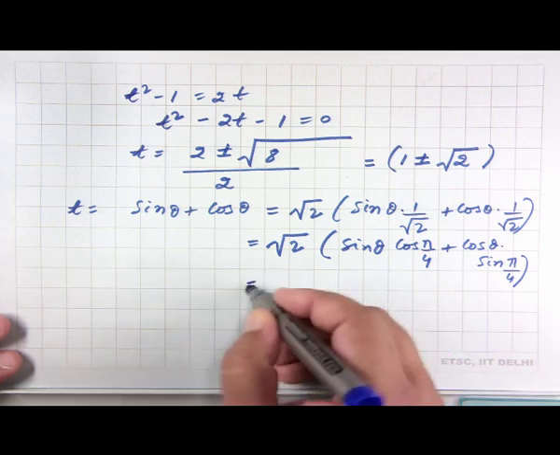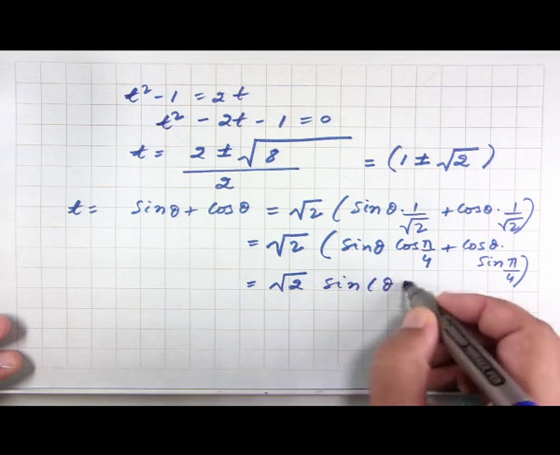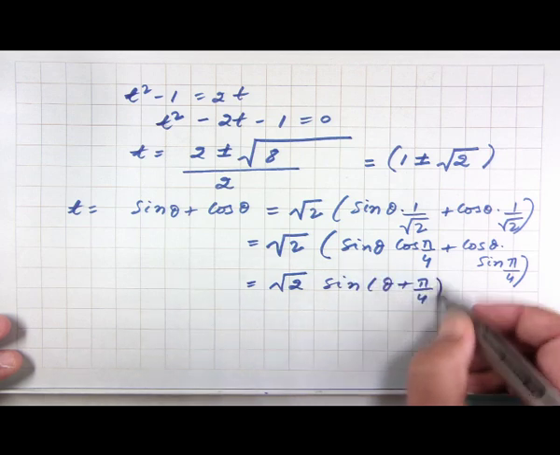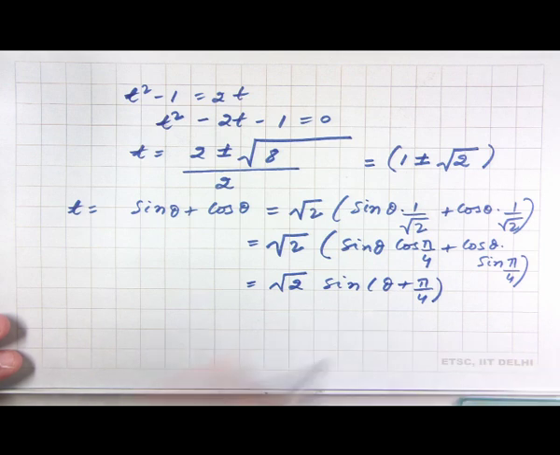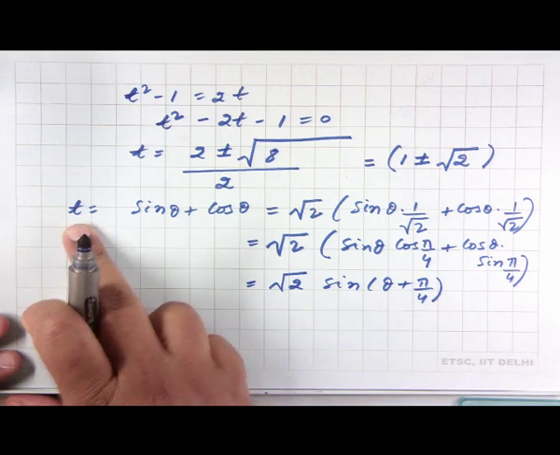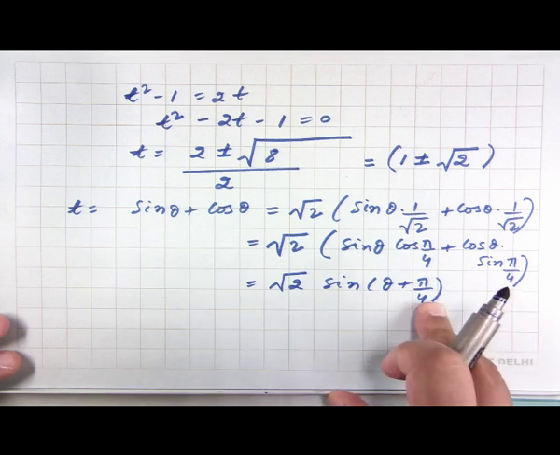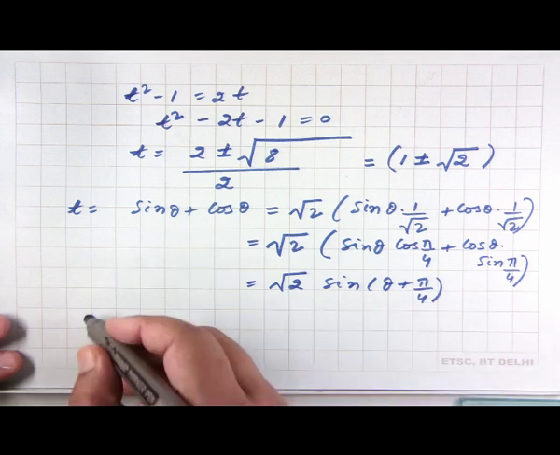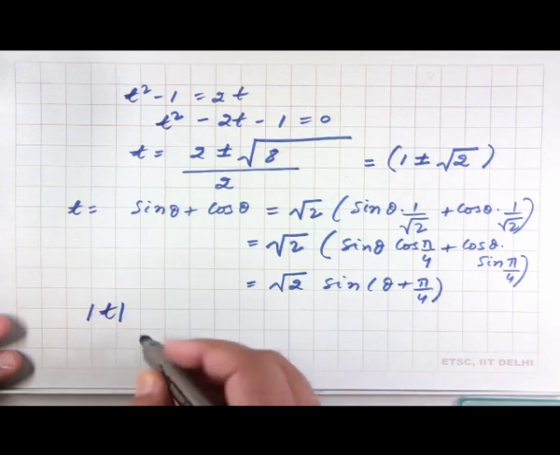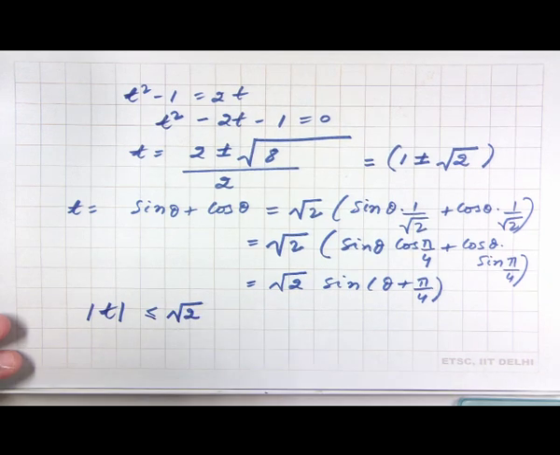So, t is equal to root 2 times sin of theta plus pi by 4, and therefore, since the value of sine is between minus 1 and plus 1, the absolute value of t has to be less than or equal to square root of 2.